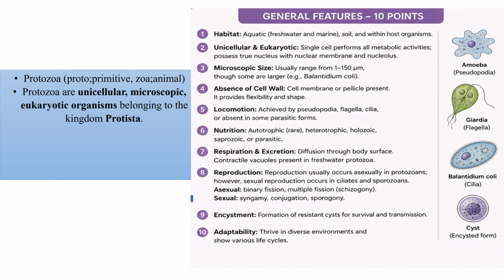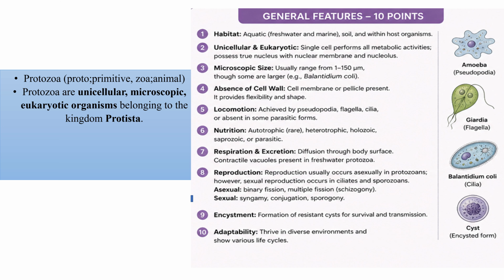And protozoa reproduce by both asexual as well as sexual methods, where asexual reproduction includes binary fission, multiple fission, or schizogony, and sexual reproduction is carried out by syngamy, conjugation, or sporogony.